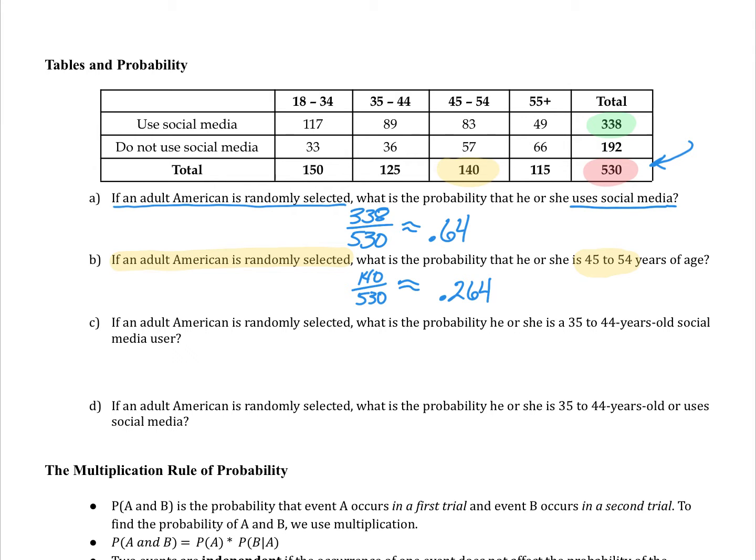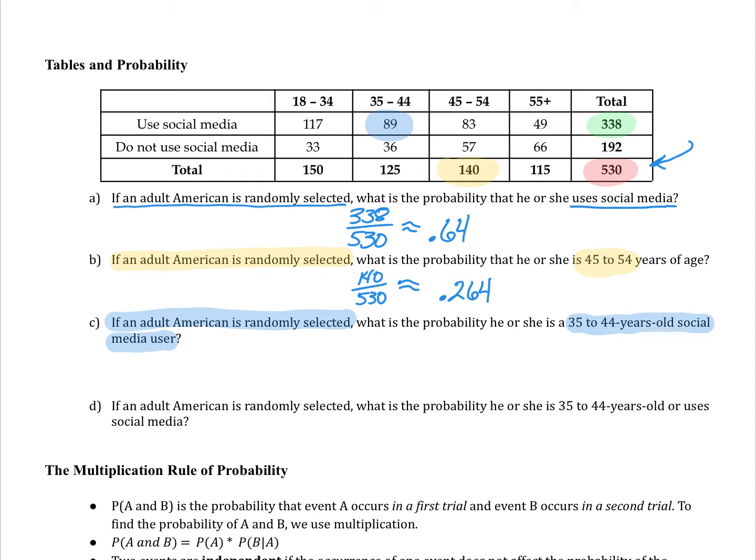Letter C, if an adult is randomly selected, again, we're drawing from the entire population. What is the probability that he or she is 35 to 44 years old and a social media user? It doesn't say or, it says and. So we are going to draw from the 35 to 44-year-old list and the social media user.